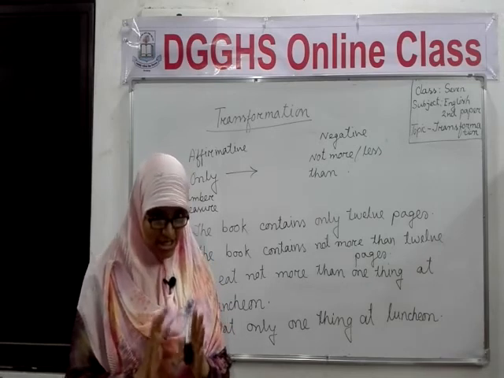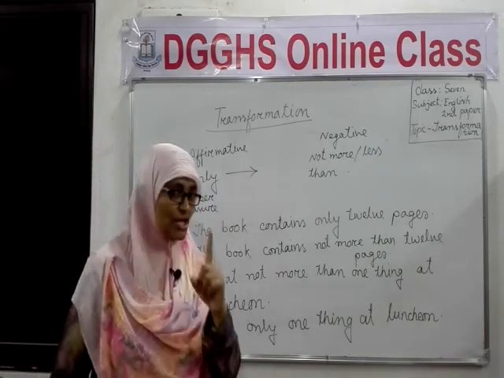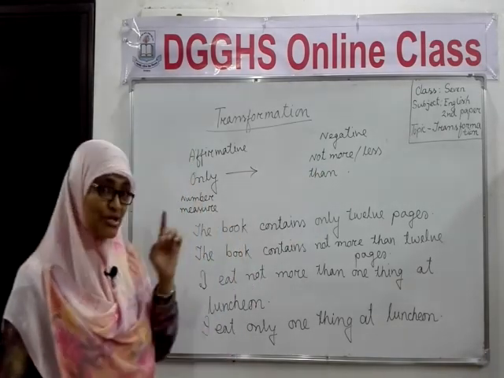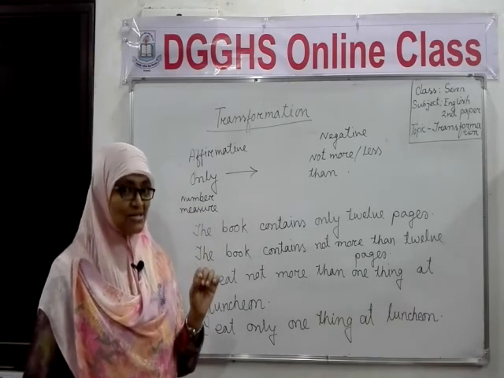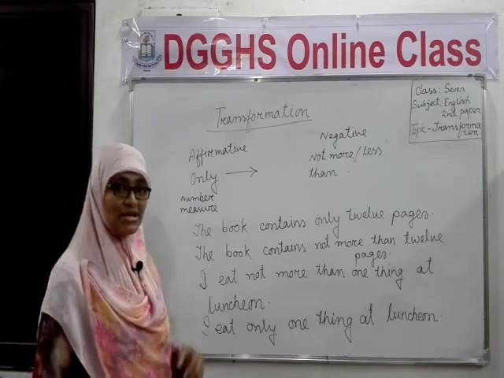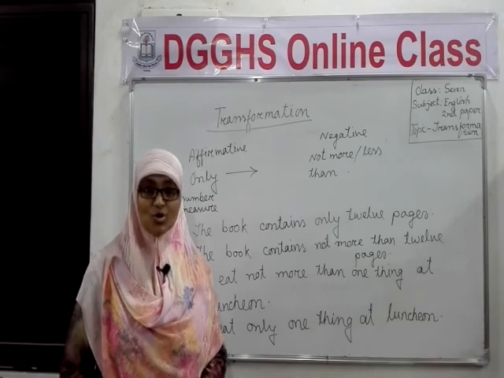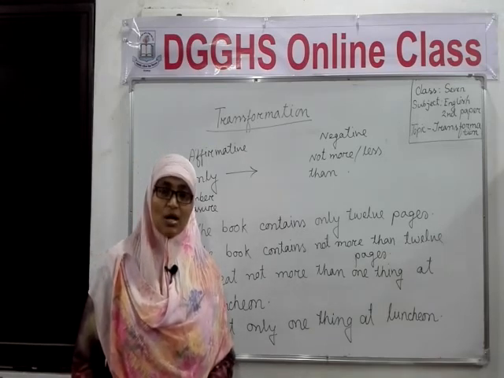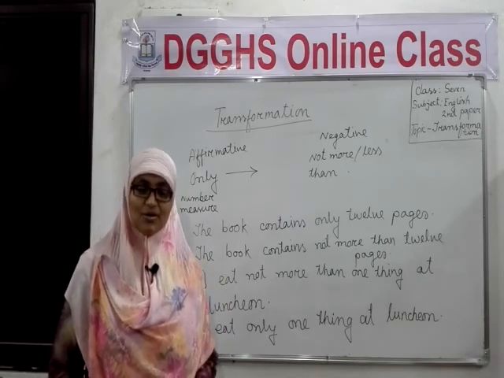First you have to think: if alone refers to a person, then you should write none but. When alone refers to a thing, you should write nothing but. When alone refers to number or measure, you should write not more than or not less than. So transformation is a very big chapter.